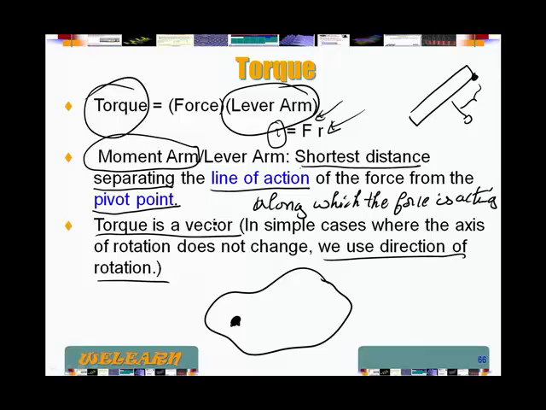To get the object to rotate, we are going to need to apply a force that's not along the line of action to get the object to rotate.